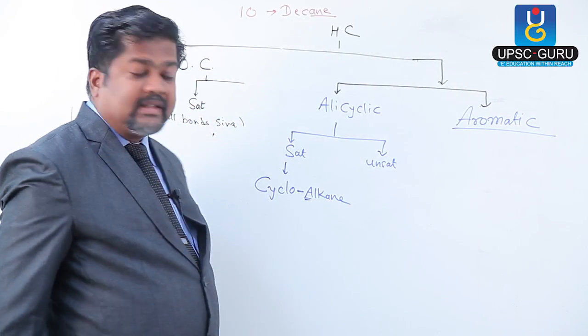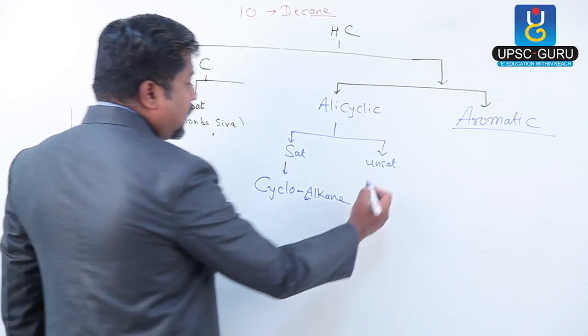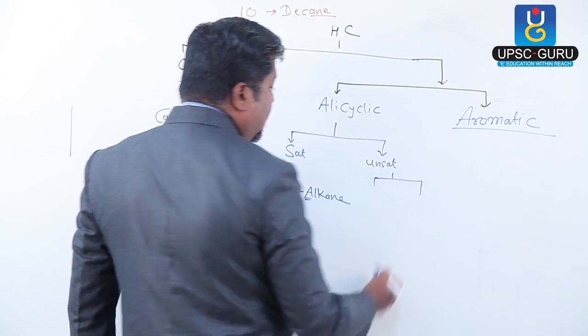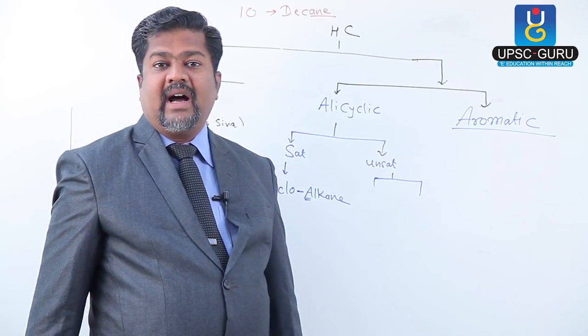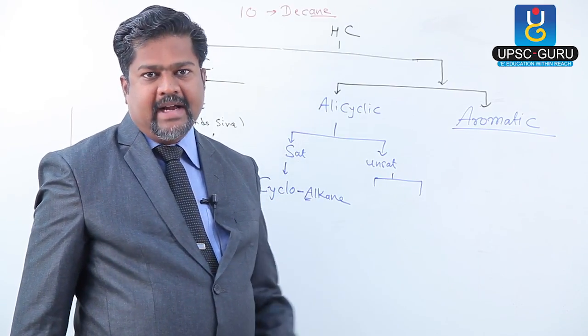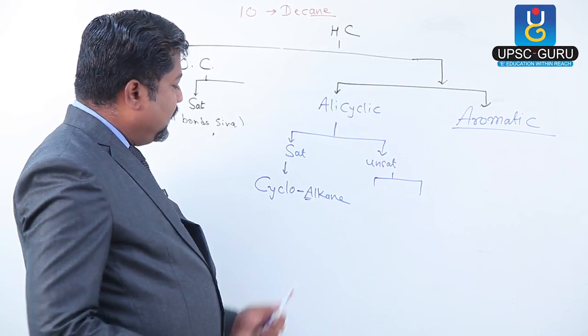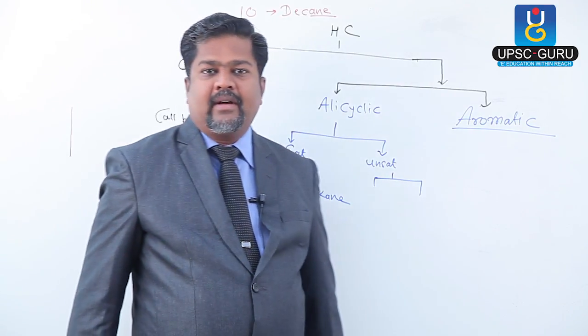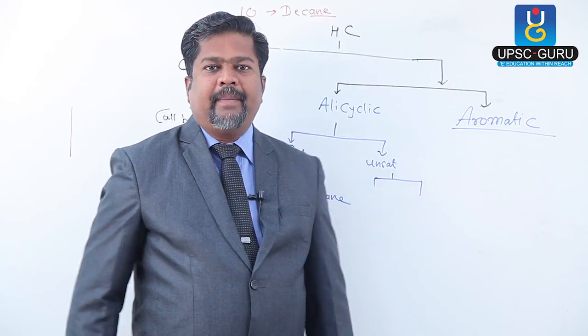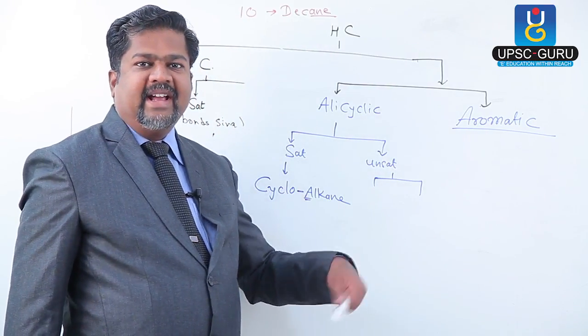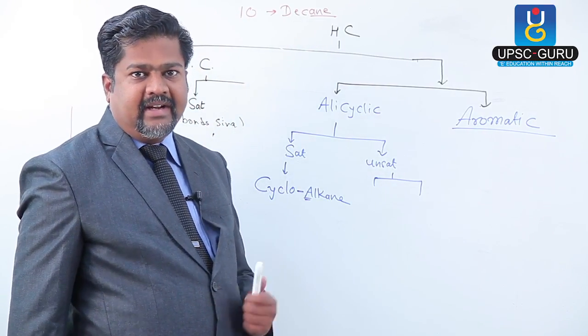For unsaturated, you again add the prefix: cycloalkene, cycloalkyne. Only that much is there about alicyclic compounds. So you are now aware that cyclopentane can be there, as pentane is there; cyclohexane, as hexane is there, like that.